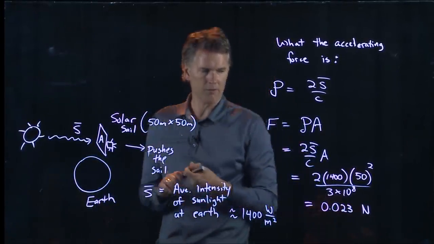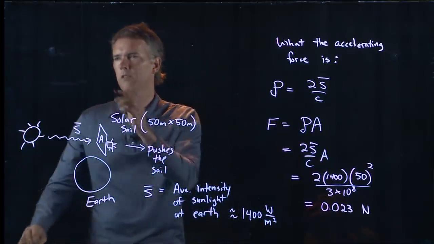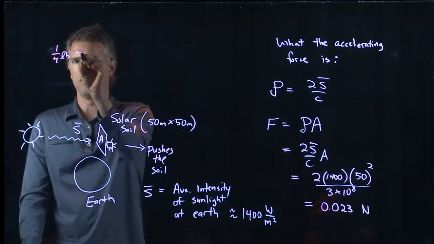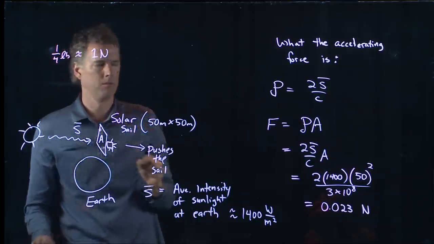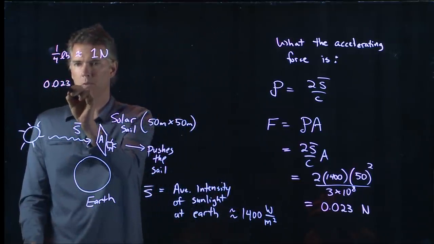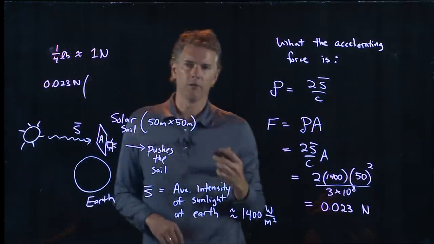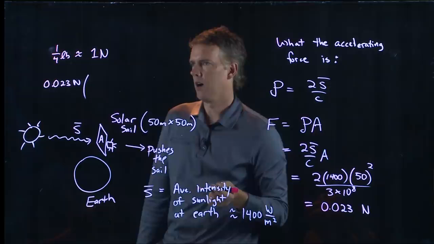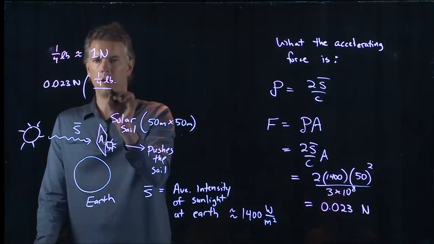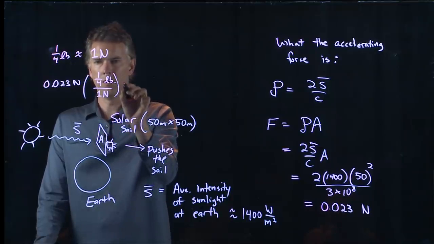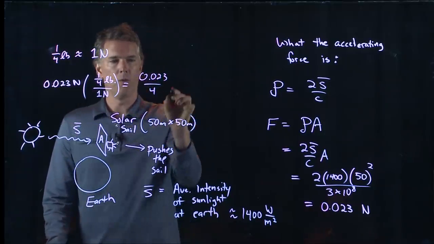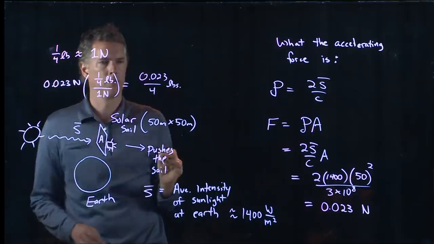Let's put this into comparison of something we know. What we know is that a quarter pound is about 1 newton. So if I have 0.023 newtons and I want to convert that to pounds, all I have to do is multiply by 1. So it's a quarter pound over 1 newton. And so I get 0.023 over 4 pounds.